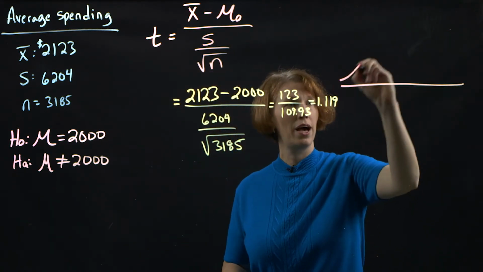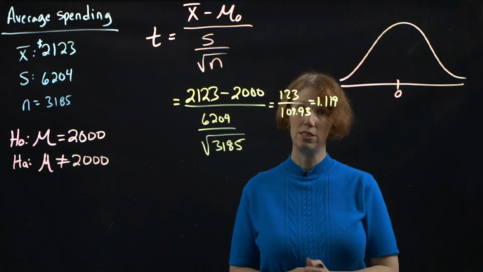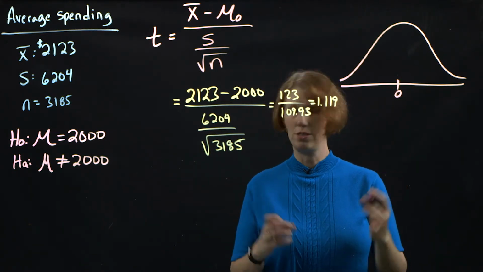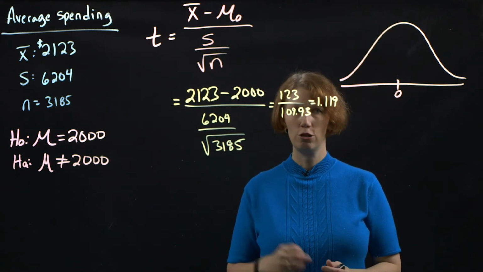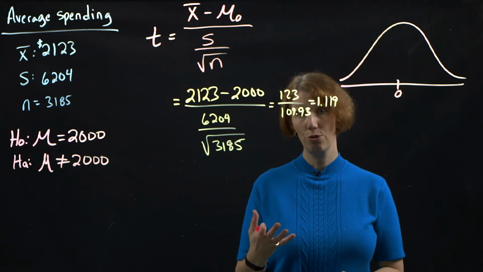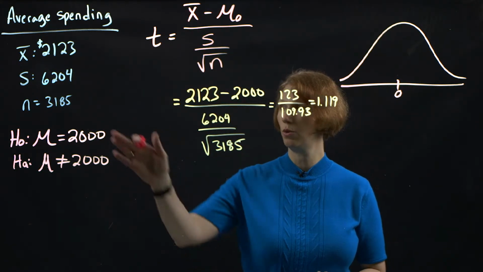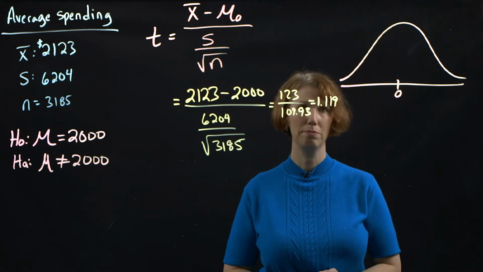So here we have our famous t-distribution. Again, it is a symmetric distribution, a family of distributions that are centered around 0, and any particular t-distribution is defined by its degrees of freedom. Degrees of freedom in this case is just equal to the sample size minus 1. So we have a quite large sample here.